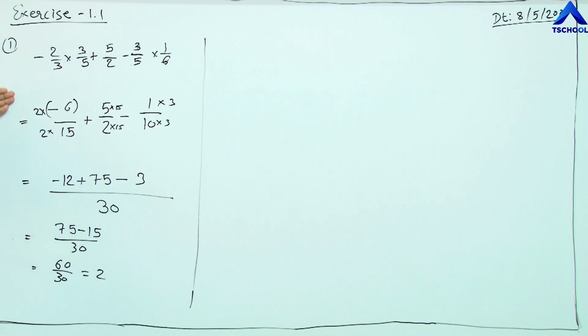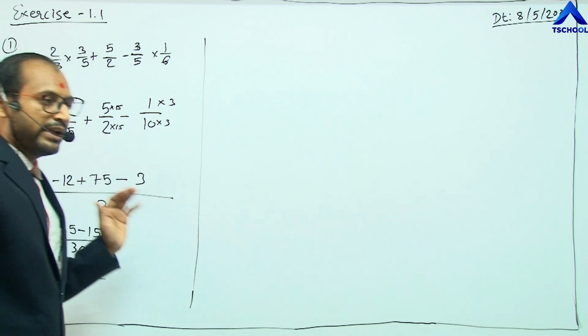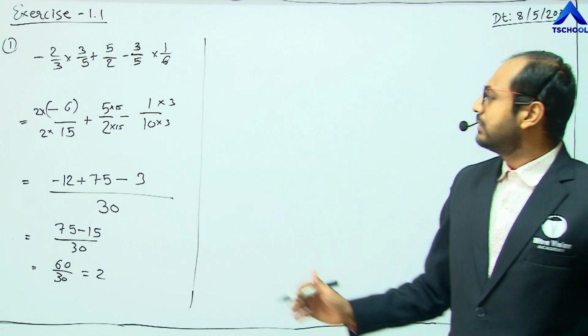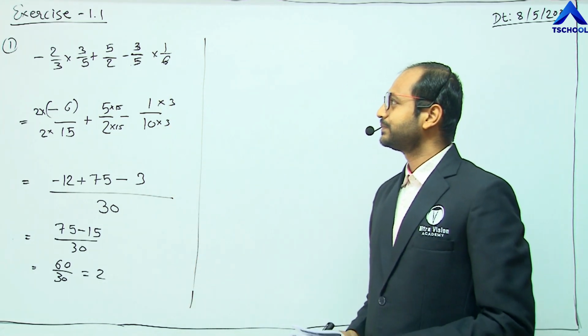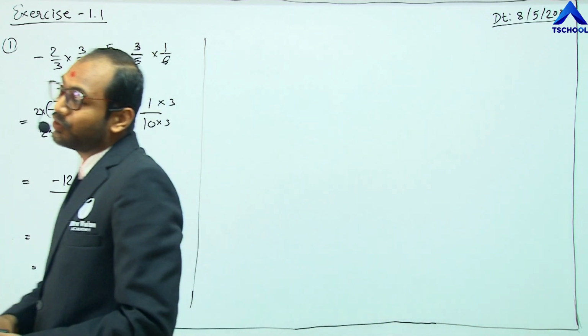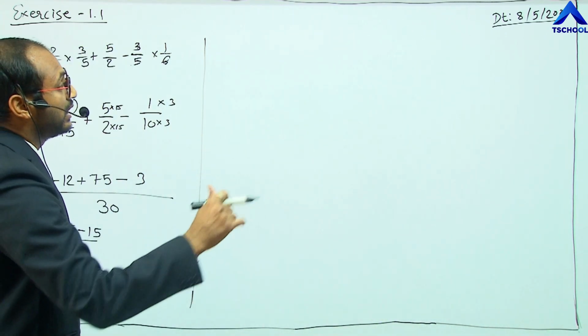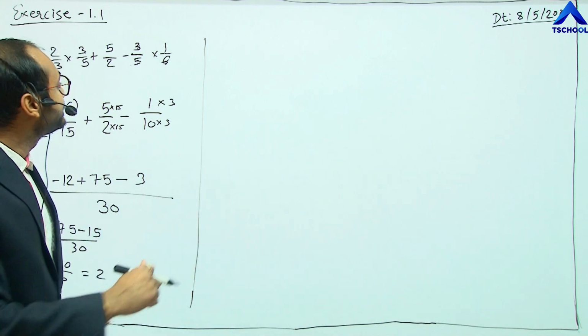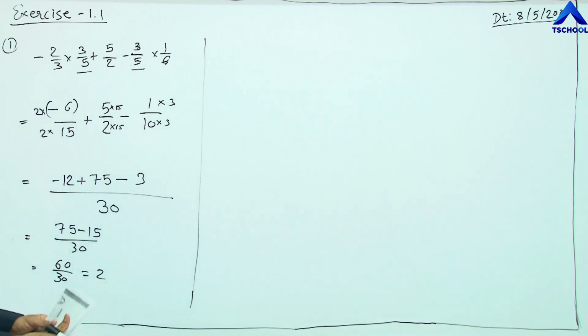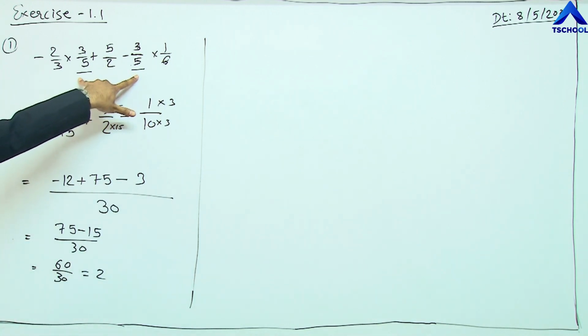This is the conventional method. That means you can solve by this method also, but this method is somewhat difficult. Now let me use our syllabus method. So here 3 by 5 and 3 by 5 is common in these last two terms. Clear?